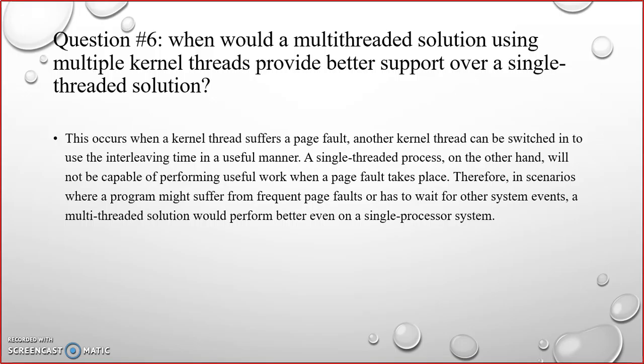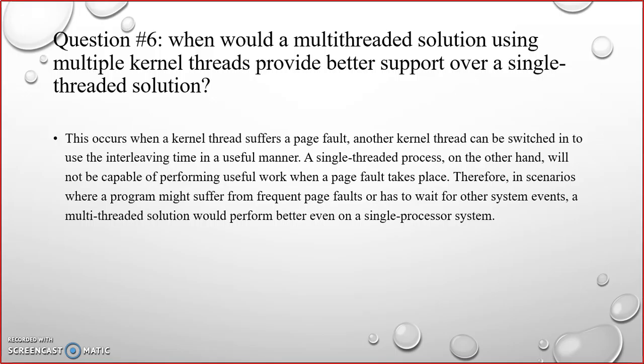So the next question is, when will a multi-threaded solution using multiple kernel threads provide better support than a single threaded solution? This occurs when a kernel thread suffers a page fault. Another kernel thread can then be switched in during the interleaving time in a useful manner.